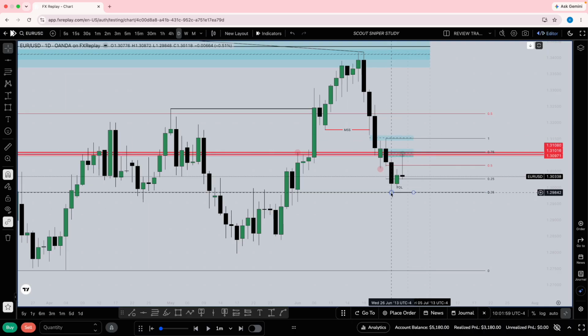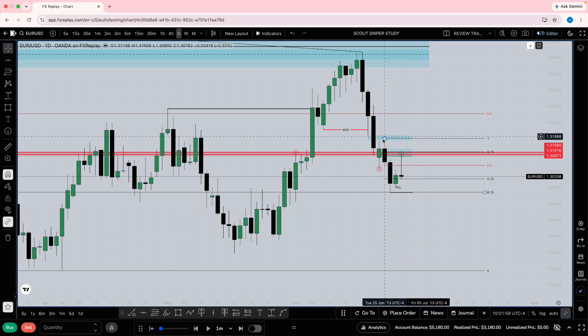Then it came down again, formed another swing. Now you are in this range, this to this. So now when price comes back to this level, and if you look at the market maker sell model, you're going to have to study all of those and understand institutional order flow: whatever sent price up on the left side, once price displaces through it on the right side, we look for it to switch its function.